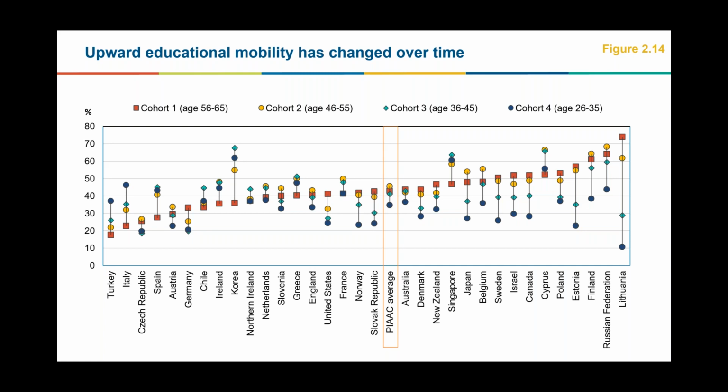So something to think about. But there are also other countries where we can see that trend going in the right direction. Korea, for example, being a very good example, where mobility is very, very high, even in the young population. So this gives you a sense of how this has changed over time.